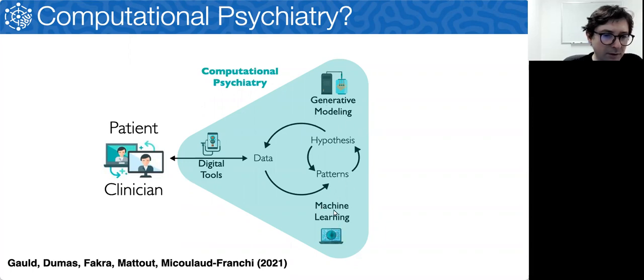So the theory-driven and data-driven are more like this virtuous cycle on the right, which is that the data has to come from somewhere. And the third culture is digital psychiatry and all the digital tools that connect computational psychiatry with the real world, and especially the dyad patient and clinician.